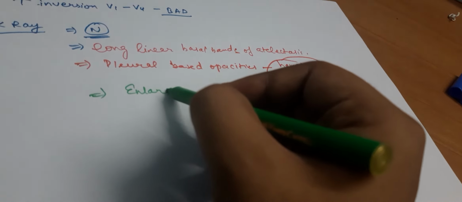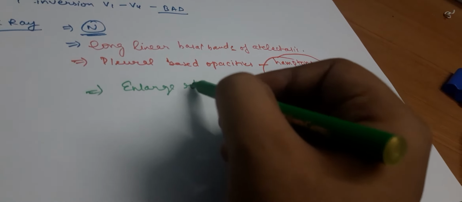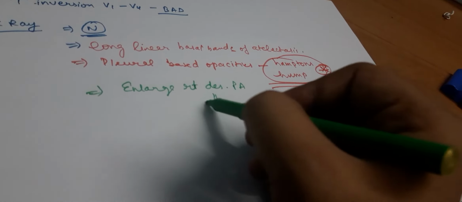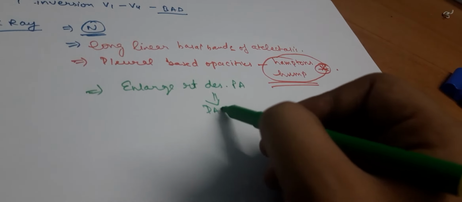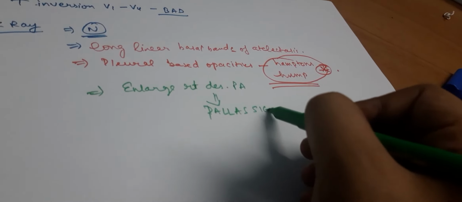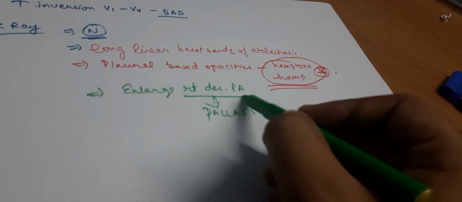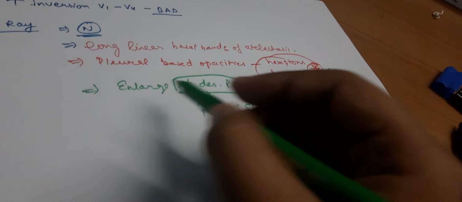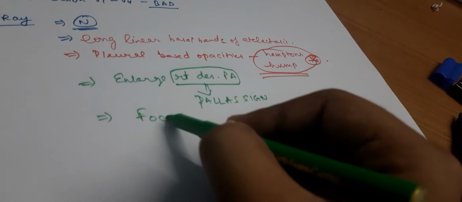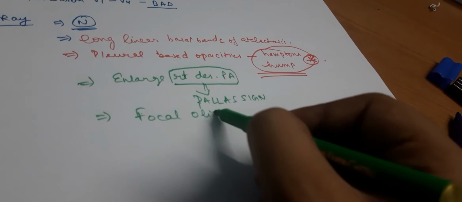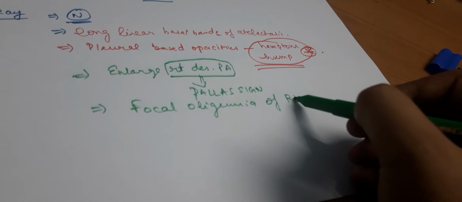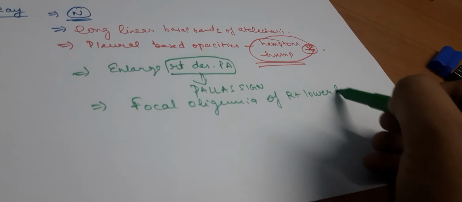Enlarged right descending pulmonary artery, and this is also a sign named Palla's sign. There is focal oligemia of the right lower lung.